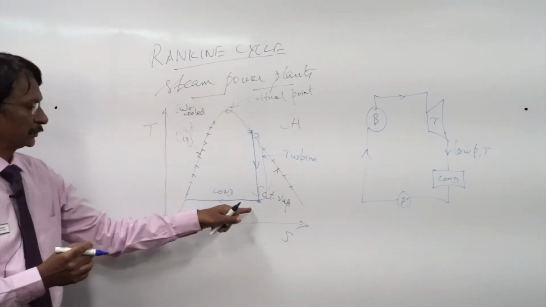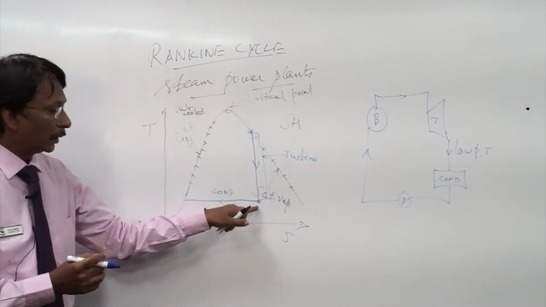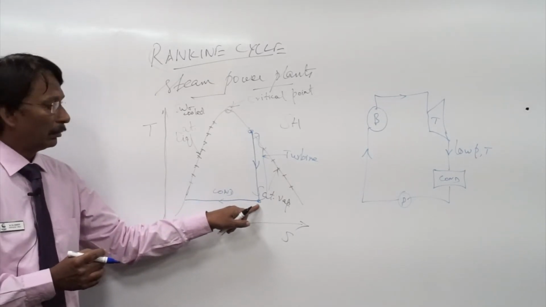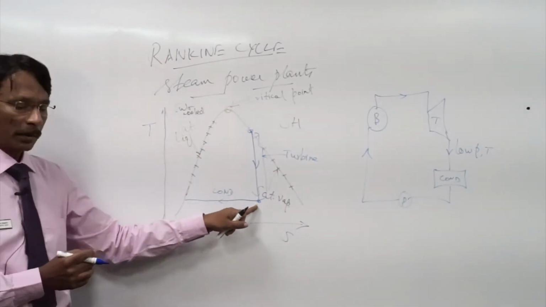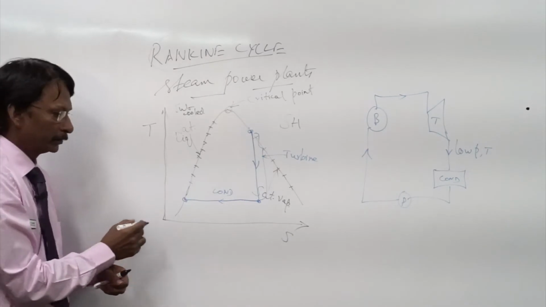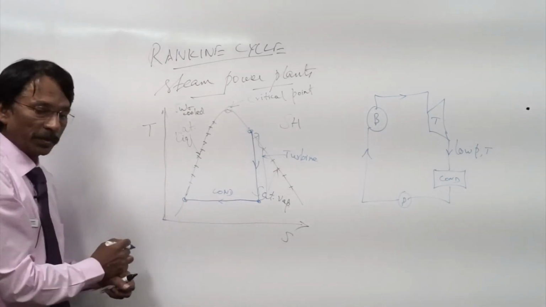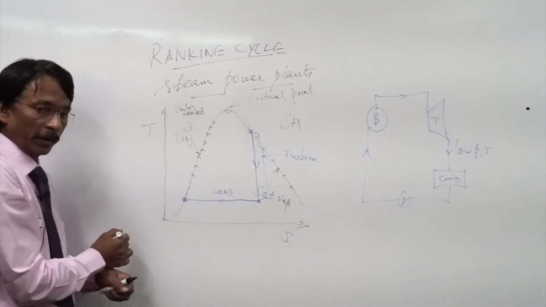Look at this. What happens in the condenser is the low pressure, low temperature steam gets converted into water, feed water, and that is the condensation process. So we end up at the saturated liquid point.